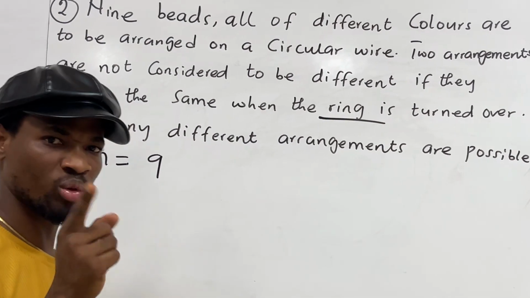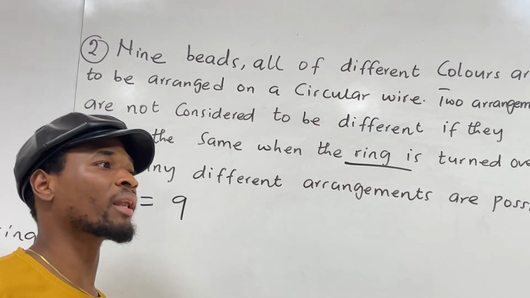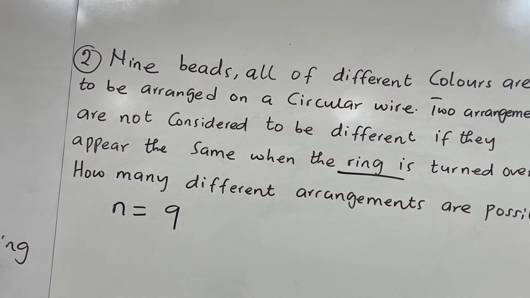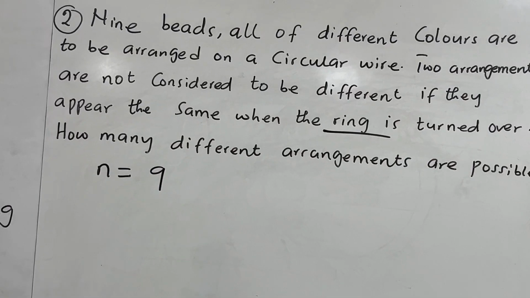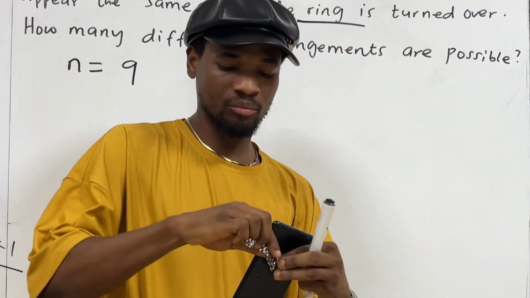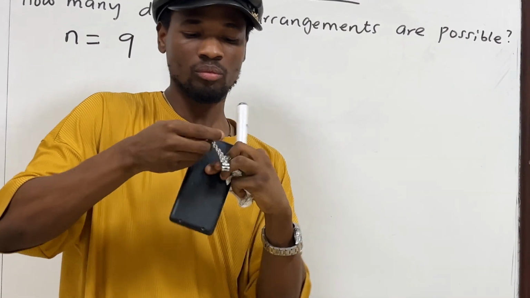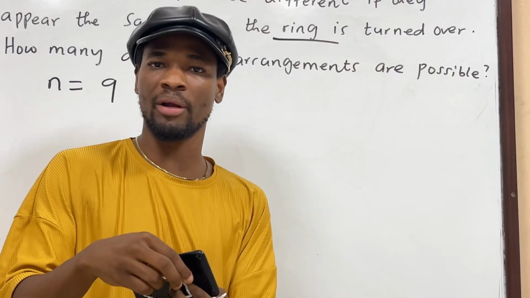And I also told you that you can use either a ring or a necklace. I use this necklace for an example. Let's say I consider this to be my ring.